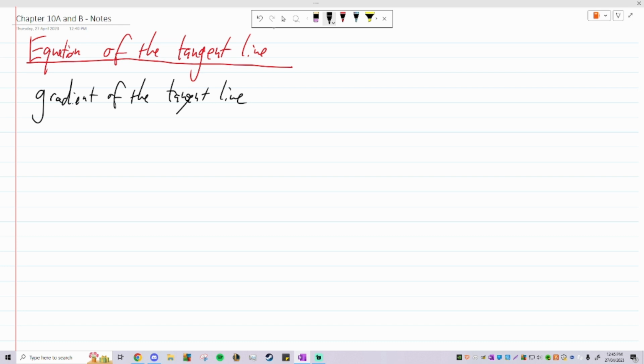And if you recall how we find the gradient of the tangent line at x equals a, we simply find m equals the derivative at x equals a. Let's put that in a light example just to recap.